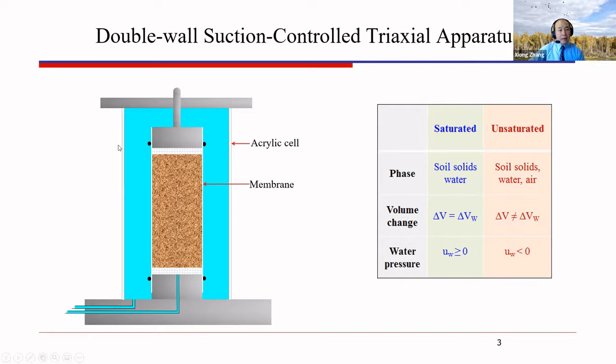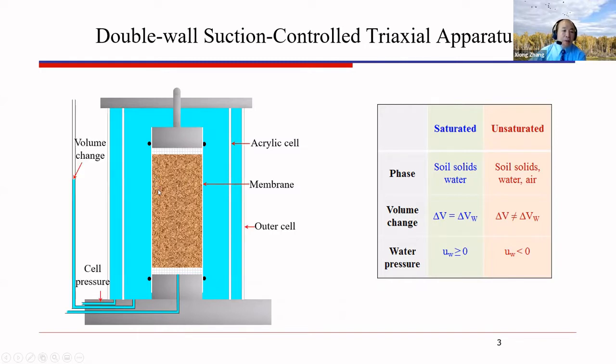The reason for this is when we do triaxial testing for unsaturated soils, normally we need to apply a confining pressure to the soil specimen. The confining pressure is also applied to the inner cell, which can make the inner cell deform naturally. As a result, the volume change of the water here is not equal to the volume change of the unsaturated soil specimen. So in 1959, Bishop and his co-workers made some modification for that. What they did was they used a double cell system.